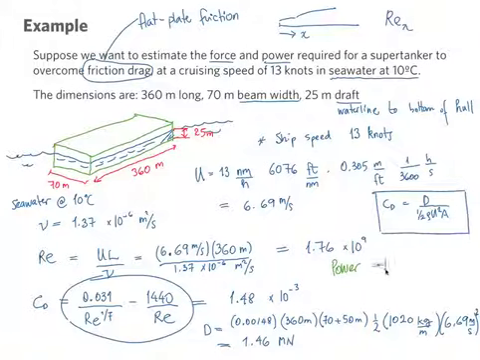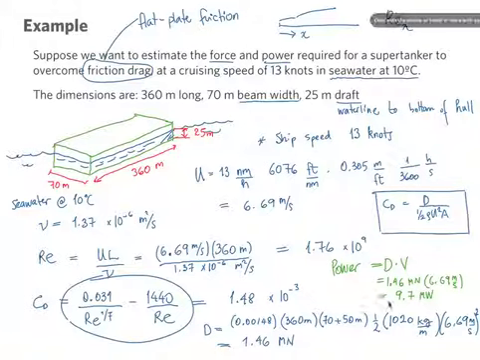Power is going to be equal to drag times the velocity, and that is 1.46 meganewton times 6.69 meters per second, and I get, this is what I got, 9.7 megawatt. So this is a pretty big number. You agree? It's a pretty big number.